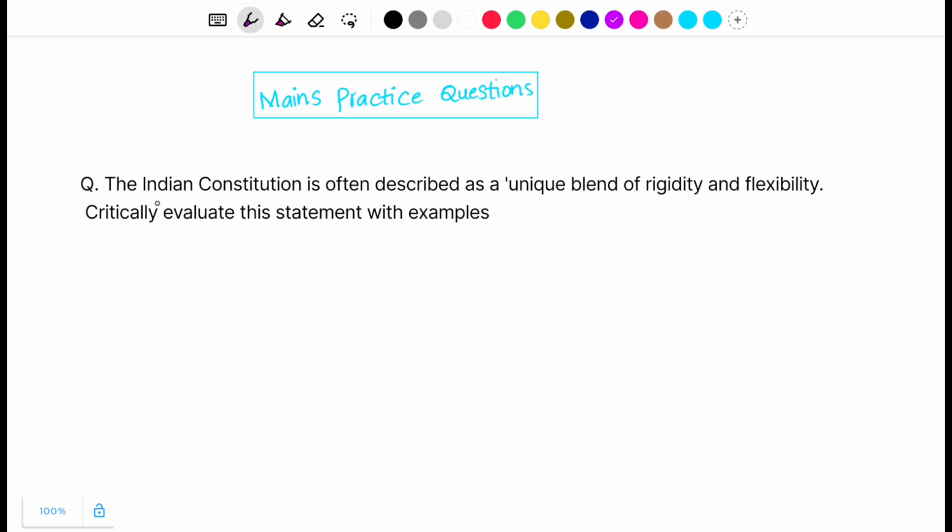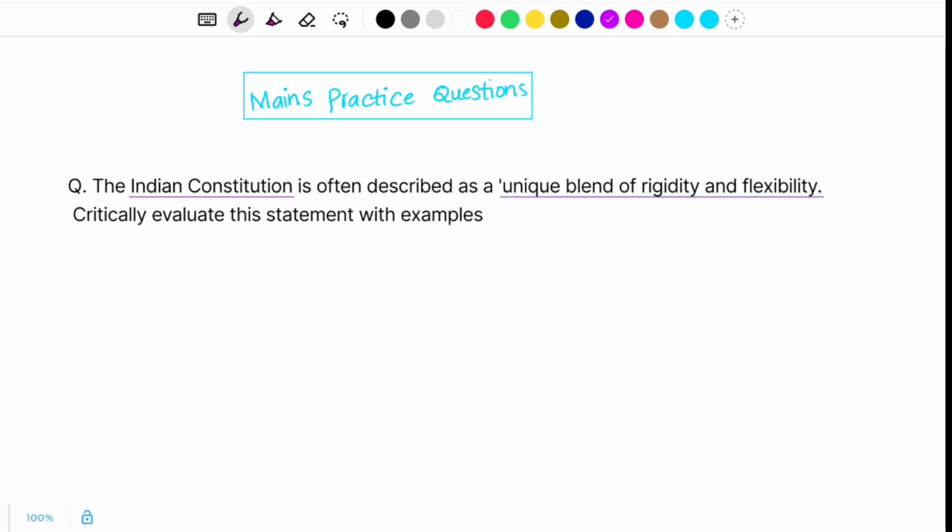This question says the Indian Constitution is described as a unique blend of rigidity and flexibility. I have told you, we are a mixture of rigidity and flexibility. Under Article 368, while amending the Constitution, we have a special majority with the ratification of half of the states. So we have a unique blend of rigidity and flexibility.